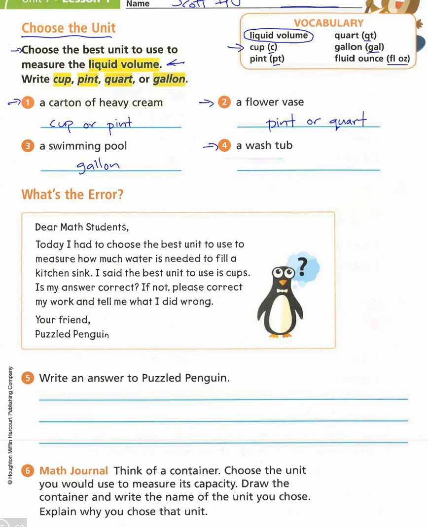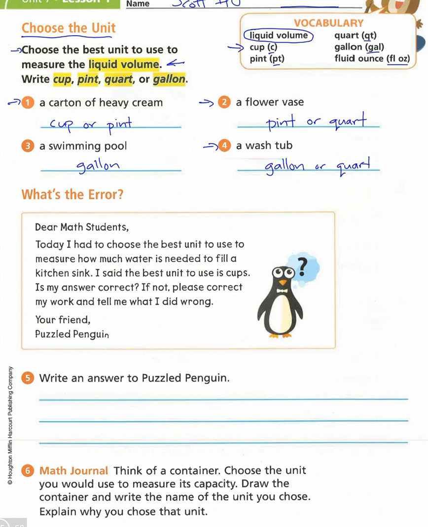But of the options they give us, either way, it's going to be a lot of water, or a lot of liquid. So go ahead and do what you think, and then I'll show you what I'm going to do. Okay, I would say a wash tub, probably gallons, but possibly quarts as well. Gallon would be my first choice.